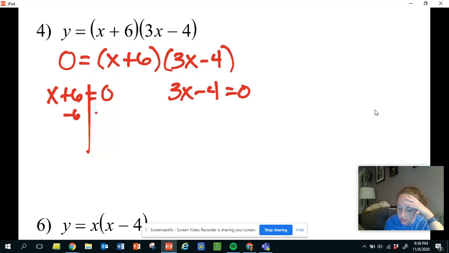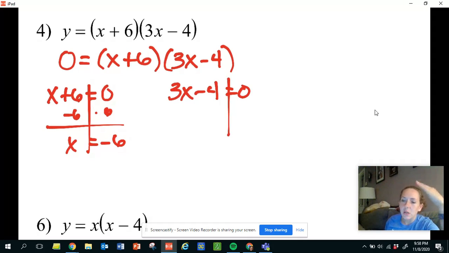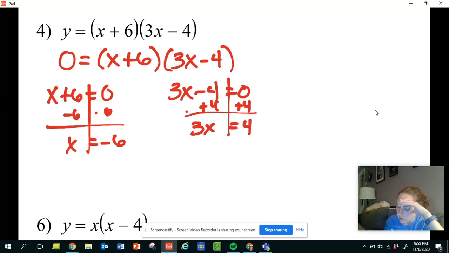We're essentially flipping the sign. X equals negative 6. Here, it's a two-step equation, but I feel pretty confident that you guys can solve those. So I would add 4 to both sides. So 3x equals 4, and then divide by 3. So we just leave it as a fraction.